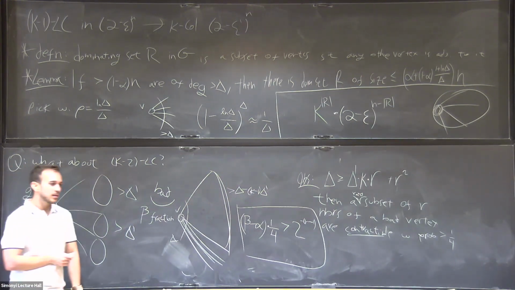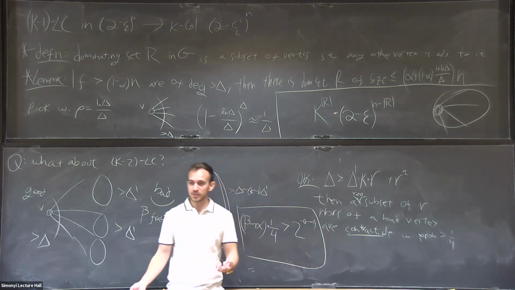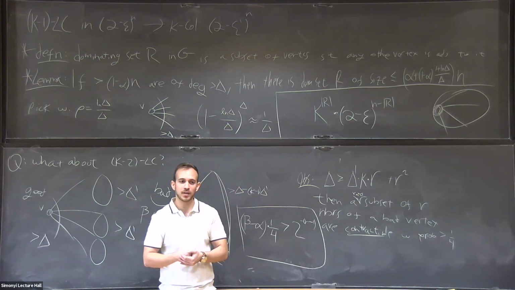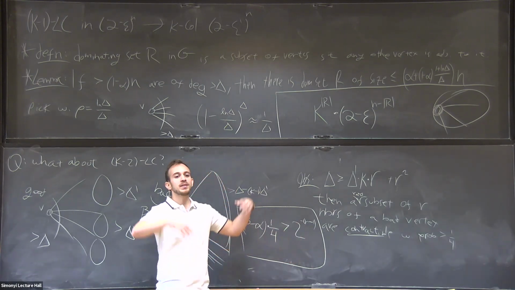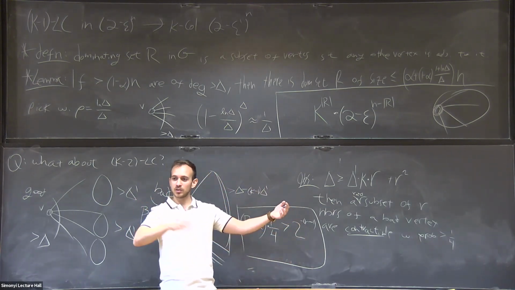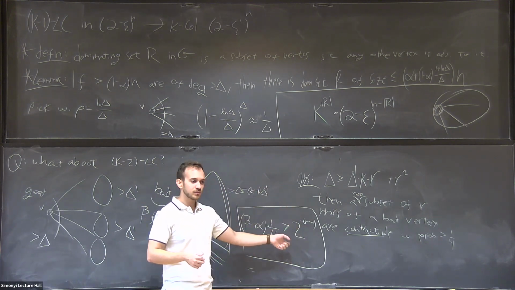Why is that? Because by contracting r vertices, I reduce the number of vertices in my graph by r minus 1. Then morally, if I manage to do so with probability that is larger than what I would get by just enumerating over them, then this should be worth it.